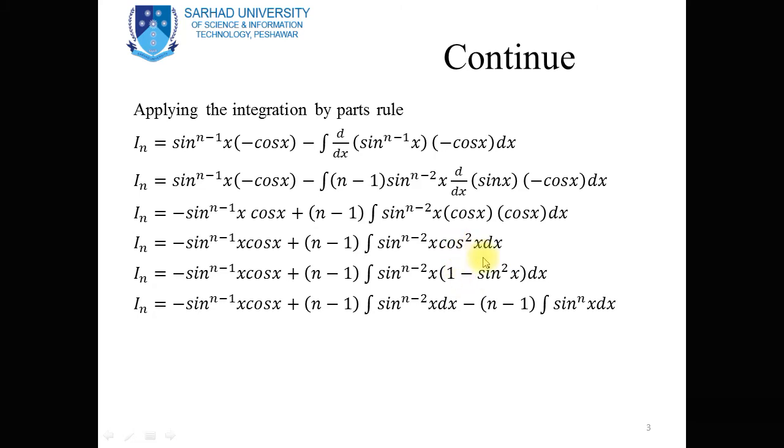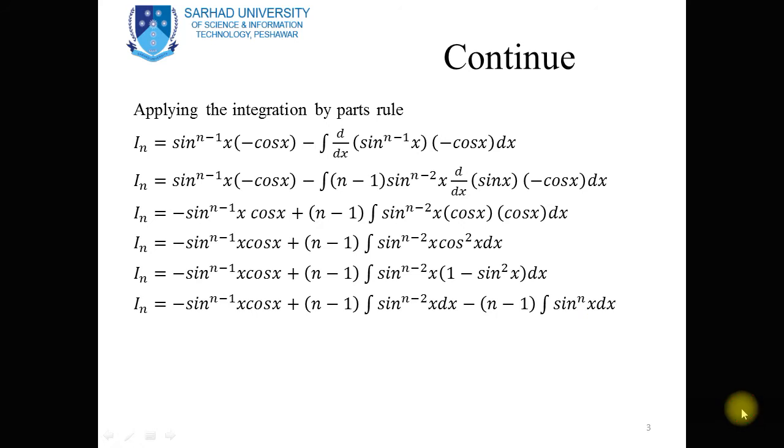Now, multiplying these two factors, we can write sine x power n minus 2 minus n minus 1 into sine x power n with respect to x.